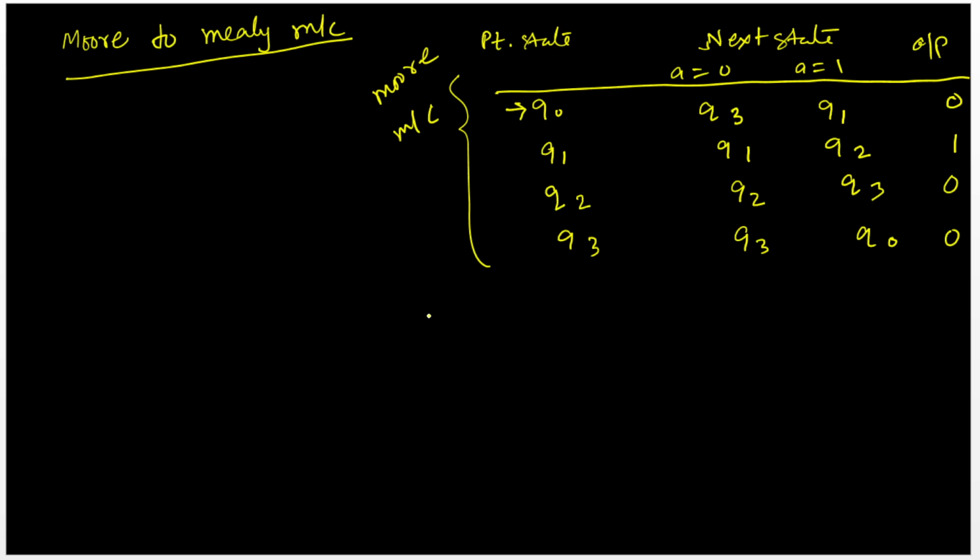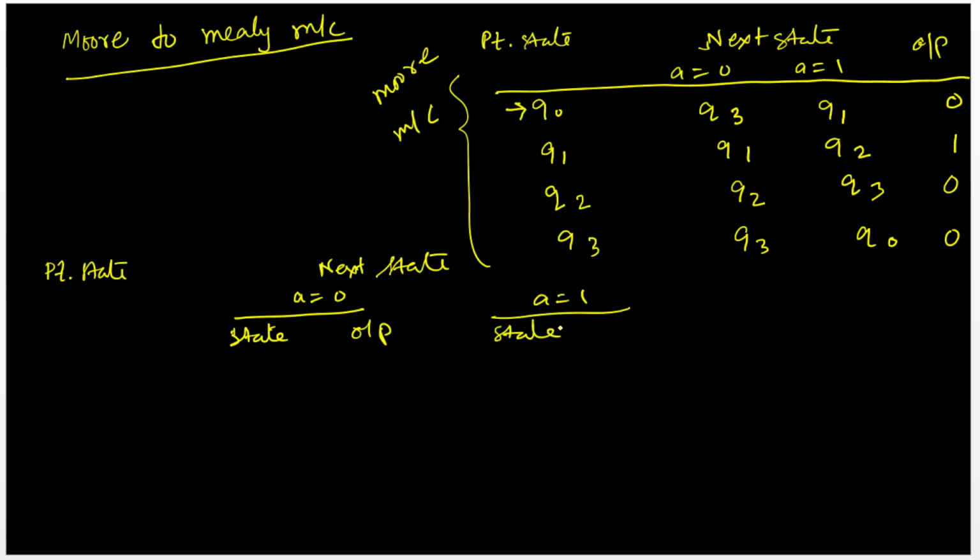In case of a Mealy machine, you know that the output depends on both the present state as well as the present input. So we can write the table as present state, next state, a equal to 0 and a equal to 1. Here it is state and output, here also state and output.